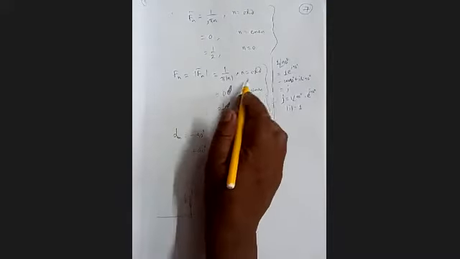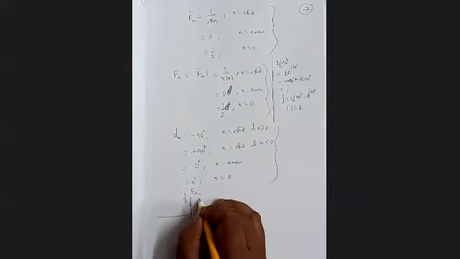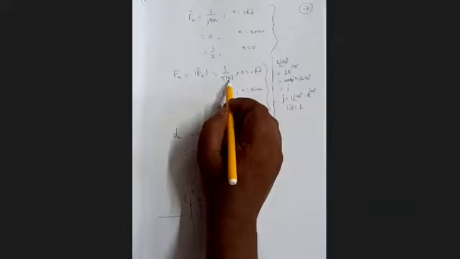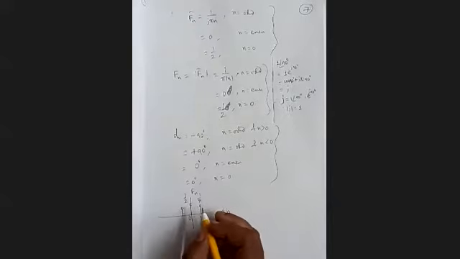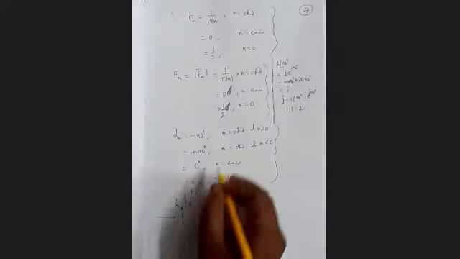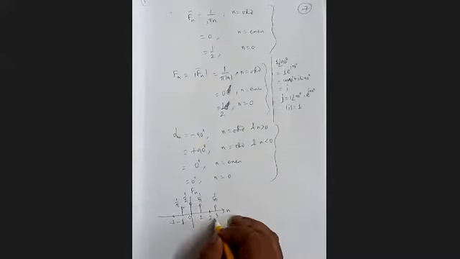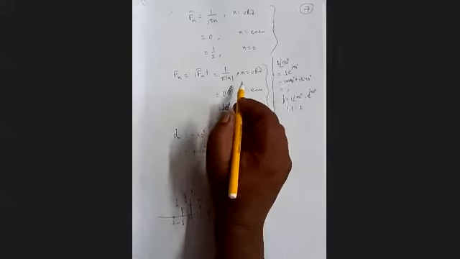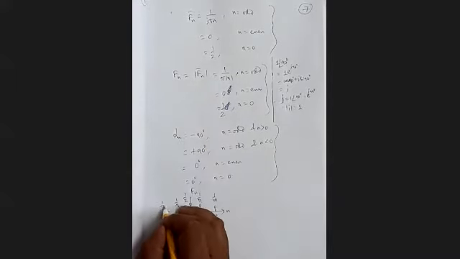For n equal to 1, odd, it is 1 by pi. For n equal to minus 1, mod of minus 1 is 1, so 1 by pi. For n equal to 2, it is 0. For n equal to 3, again odd, 1 by 3 pi. For n equal to minus 3, 1 by pi mod of minus 3.